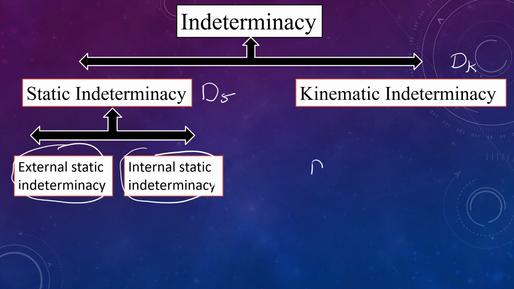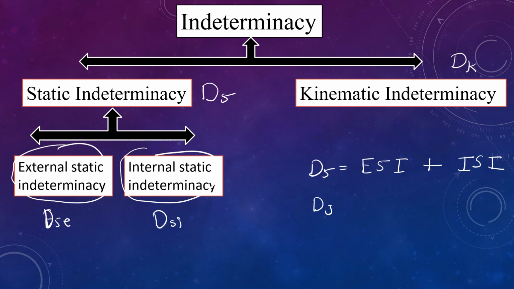So Ds is external static indeterminacy plus internal static indeterminacy. Addition of these two is nothing but static indeterminacy. External static indeterminacy is represented by DSE, and internal static indeterminacy is represented as DSI.